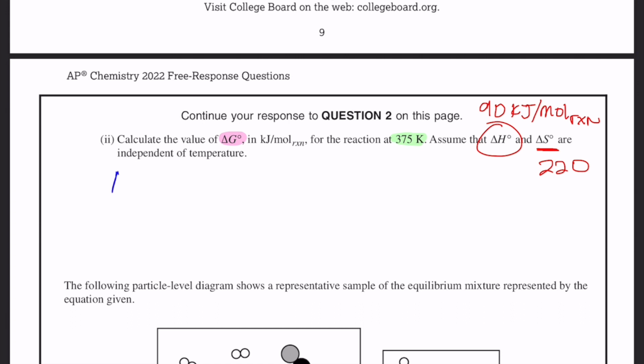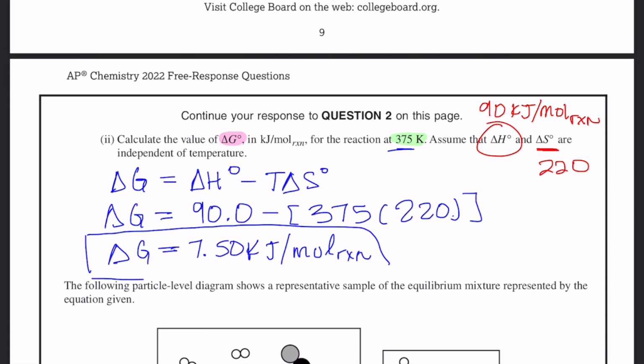Now we have all our information organized. Let's start with the formula. This is the Gibbs free energy formula. You definitely need to know how to use this on the AP exam. Now we're just going to plug in our values. Now our final answer is 7.50.